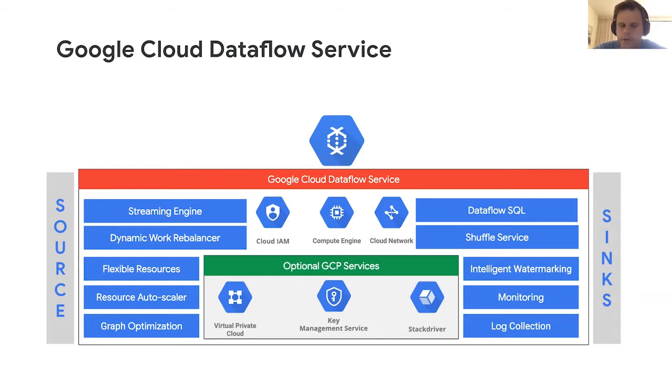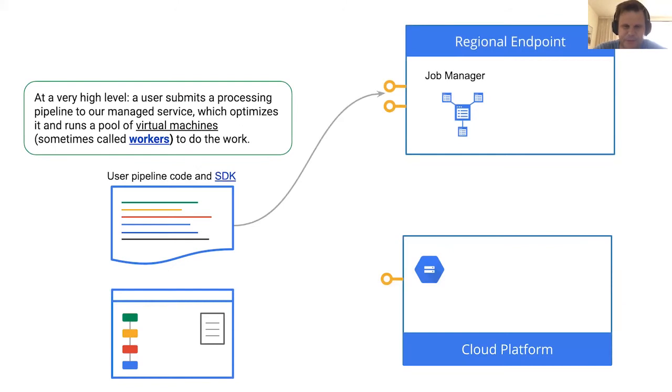I will cover that briefly. Monitoring and logging will be covered by Reza, and also networking and identity access management, right? But apart from that, we have a nice set of features, which I will go through, like the streaming and shuffle engines, graph optimizations, and a few other things. So Reza, if you can move to the next slide, please. Again, next one, sorry, a bit of animation there.